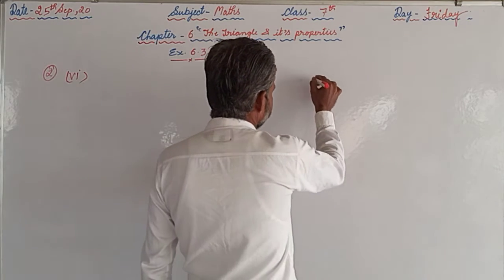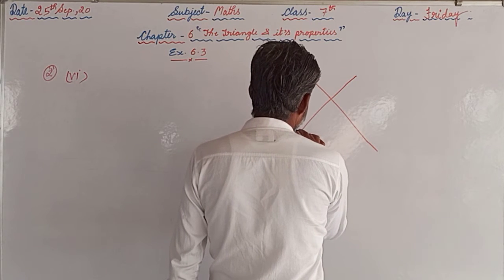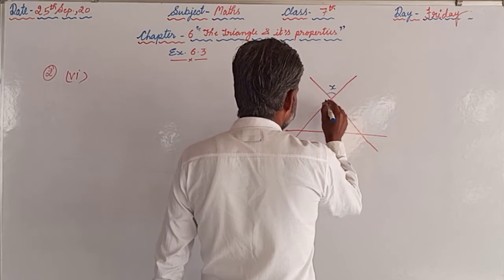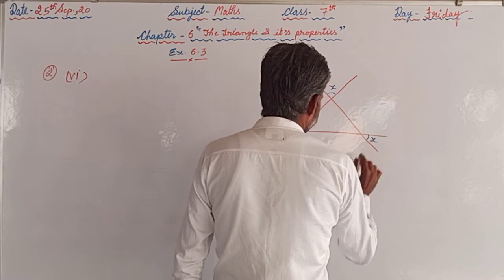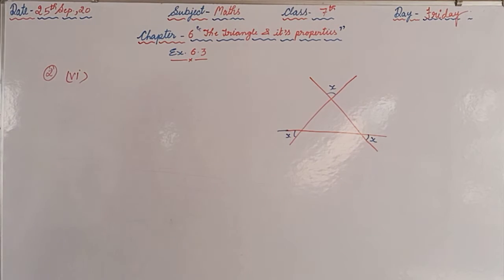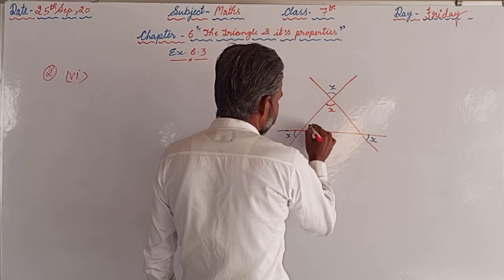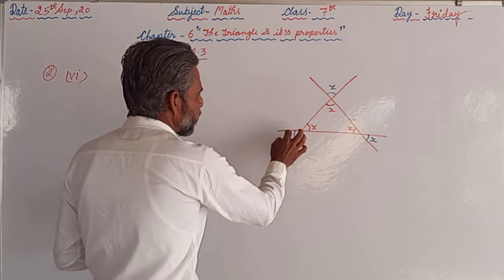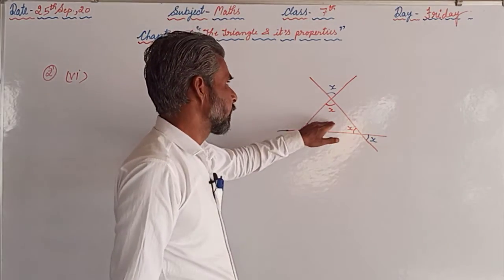In that question, again that triangle is given in such a way that the exterior angles are given, x and x. If this is x, that will be x, because these are vertically opposite angles, and vertically opposite angles are equal.